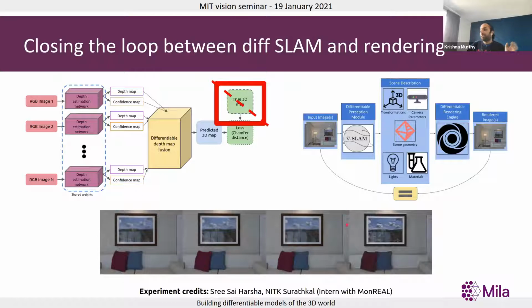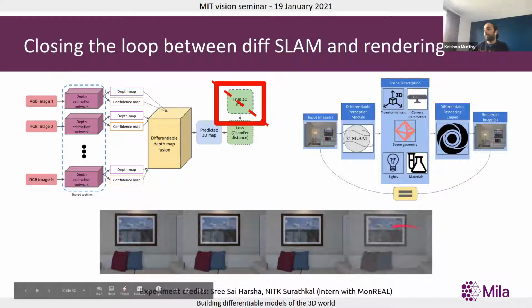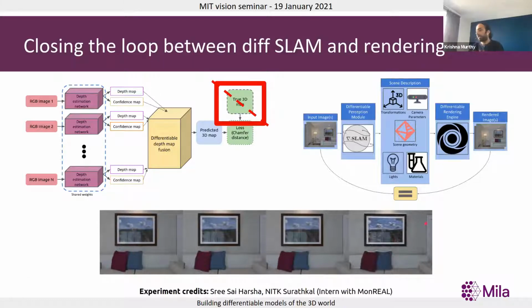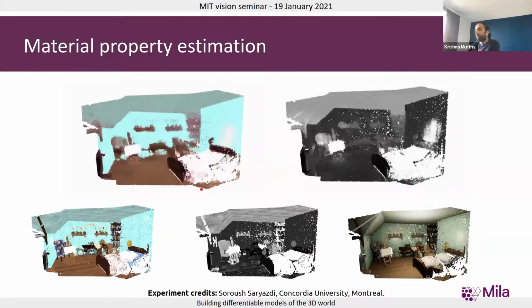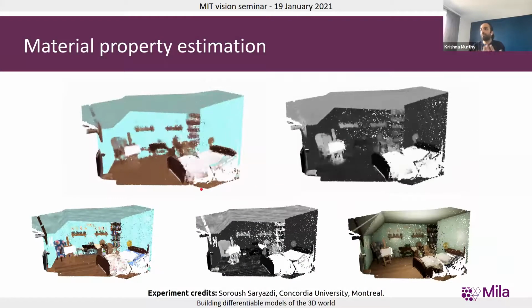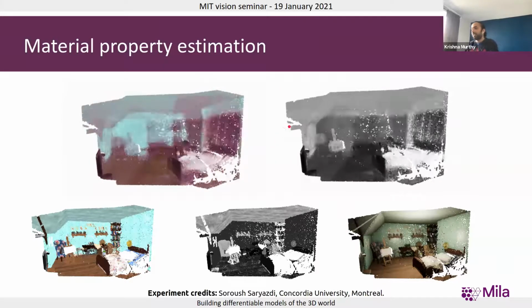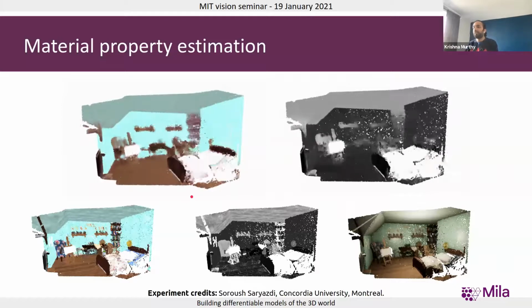This is where we have a bunch of frames and then one frame is masked out. You're using GradSlam to reconstruct a very noisy and messy depth map and using gradient propagation to recover the original image back. And a very similar idea can also be applied to material property estimation. So if you want to estimate the diffuse and specular reflectances of a scene, this is probably a good way to go about it.